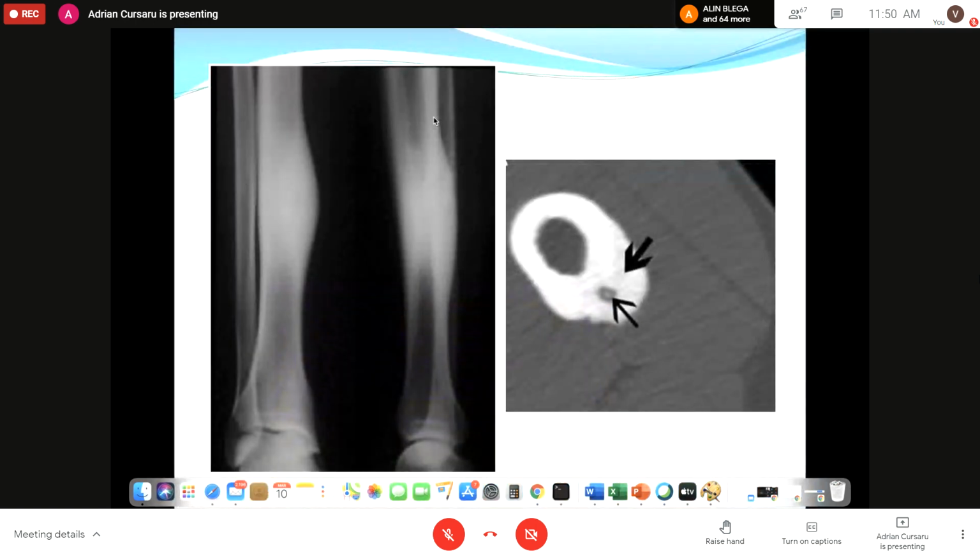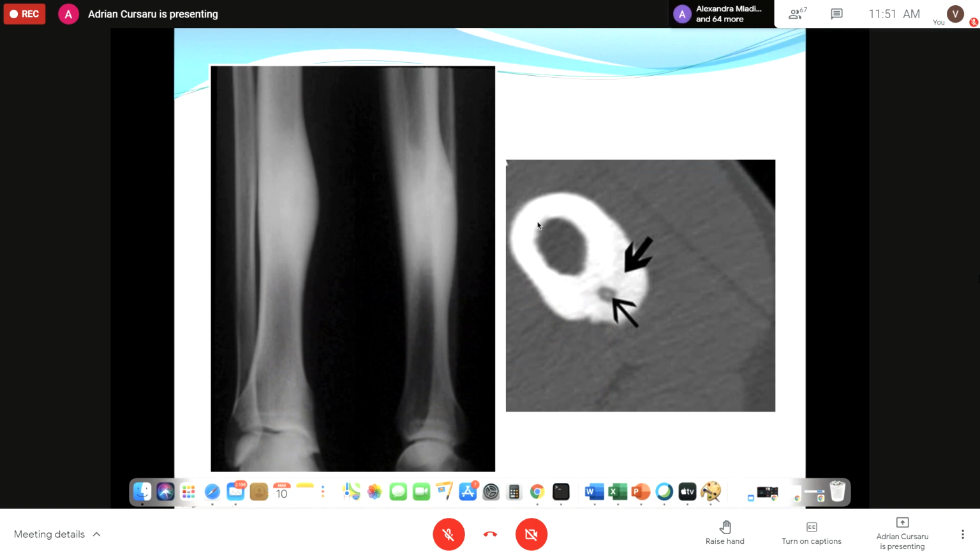Another type of tumor, that's a benign one. You can see here a very good delimitation between the normal bone and the abnormal bone, the pathological bone, and you don't see any periosteal reaction. But on the CT scan, you can see that little image here.